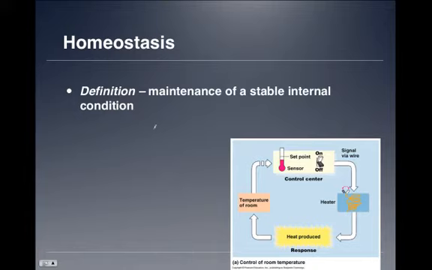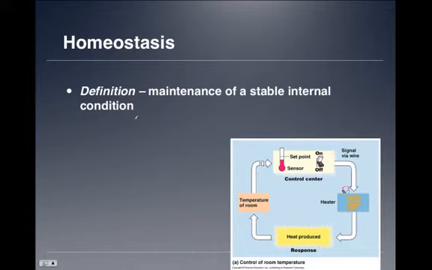And again, the formal definition for homeostasis is just the maintenance of a stable internal condition. So, an example of this would be the fact that your body wants to maintain certain oxygen levels within the blood all the time. And so your respiratory system will adjust for that, as well as your cardiovascular system, to maintain those oxygen levels at a certain level.